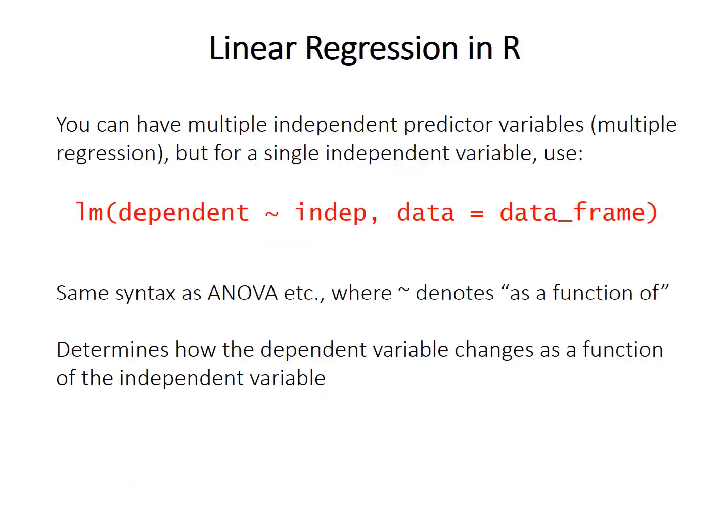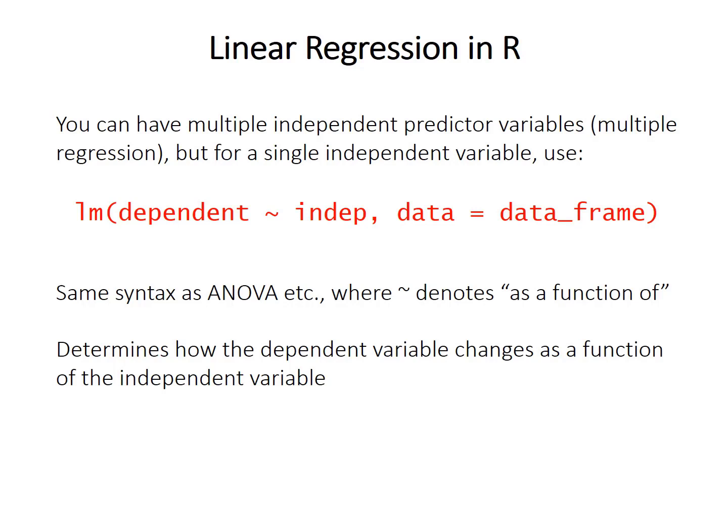So the function for linear regression in R is called lm, which stands for linear model. So you can use multiple independent variables. This is something called multiple regression, which we're not going to cover. But in this course, we're just using the single regression case. And so the syntax is similar to ANOVA, where you say the dependent variable is a function of, using this tilde symbol, the independent variable.